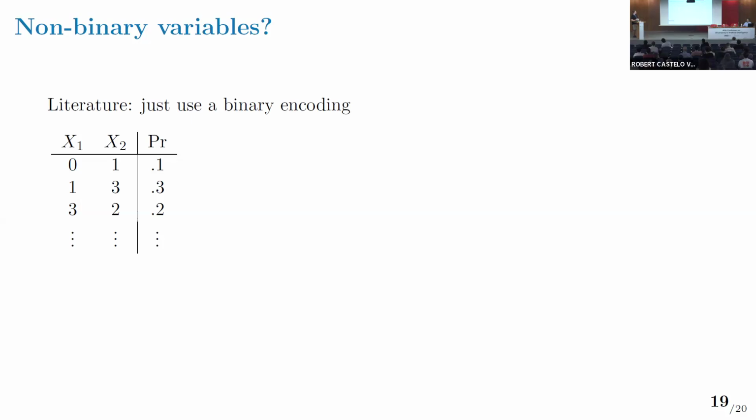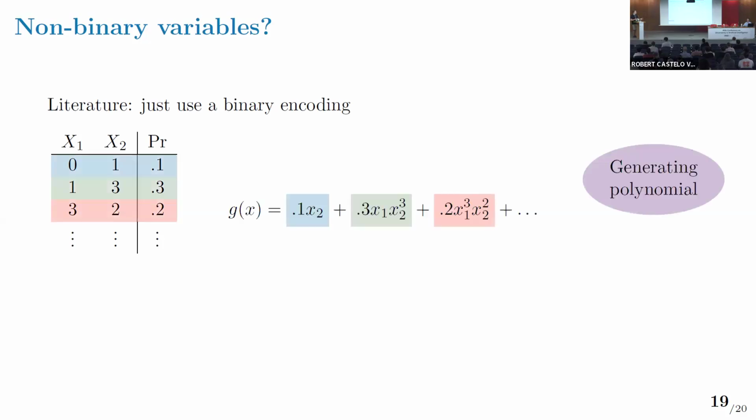And so this is typically what's done, and this works. But it's interesting to wonder if there's a way to treat categorical variables over larger domains as more first class in the model. And generating functions give you a natural way to do this already. So generating functions, they're not typically defined just for the binary case, they're well defined for discrete variables. And here the encoding is the same, it's just the values in the world are the powers of the indeterminates.